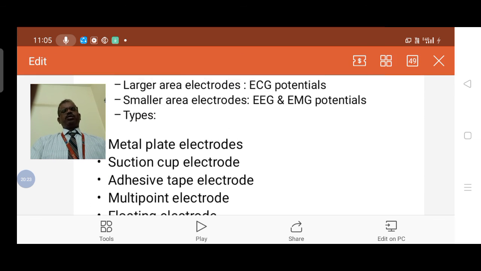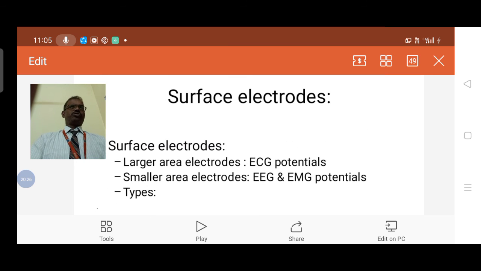These are the various types of surface electrodes, and we covered the structure of the various types of surface electrodes.